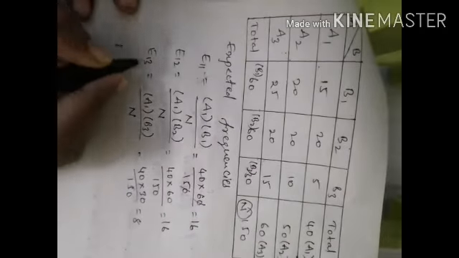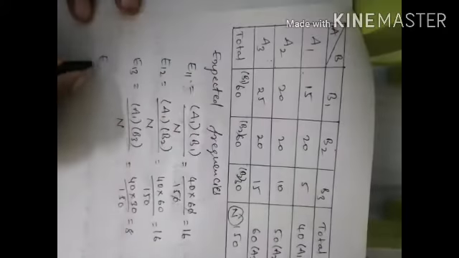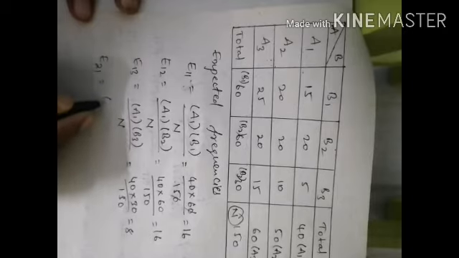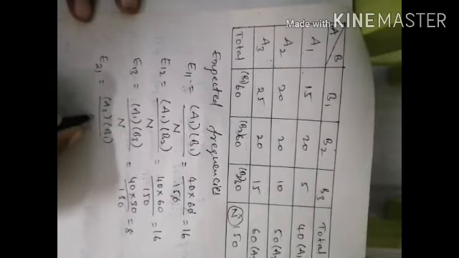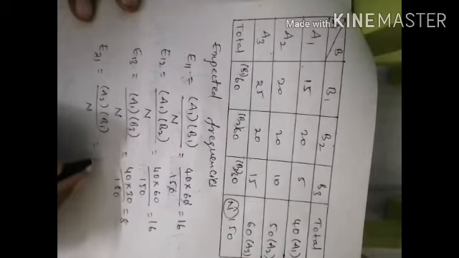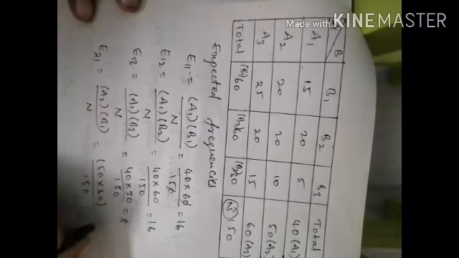Next, the first row expected frequencies are completed. Now the second row, E21: A2 into B1 by N, A2 is 50 into B1 is 60 by 150, so we get 20.